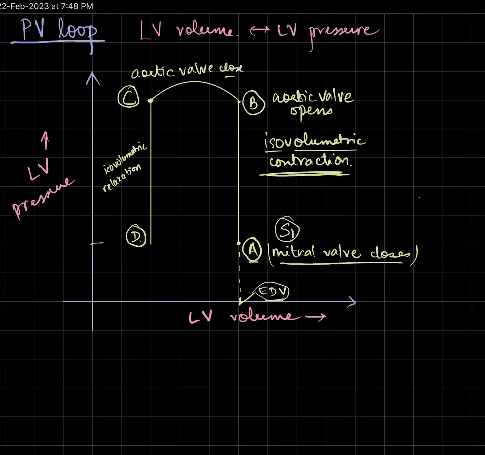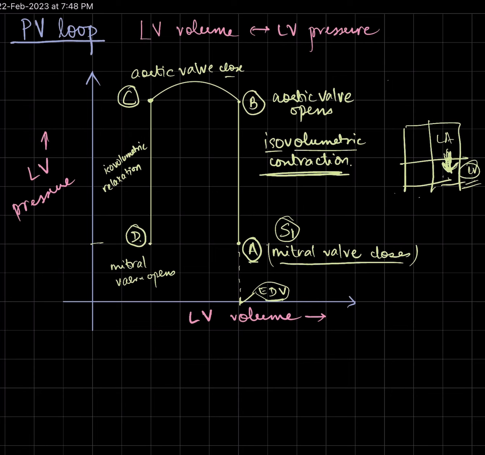At D, this is the point where the mitral valve opens. Now that the mitral valve has opened, this is the mitral valve, from left atrium to left ventricle. Now all the blood is going to rush inside the left ventricle.